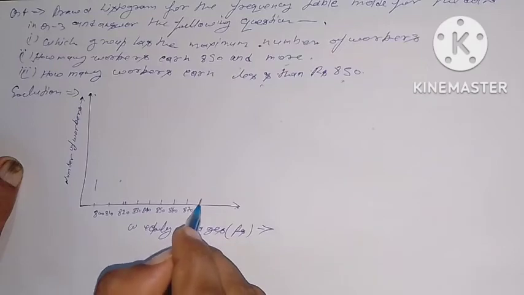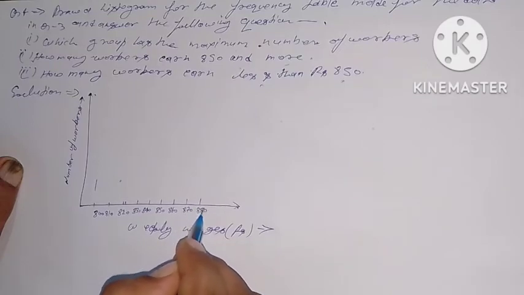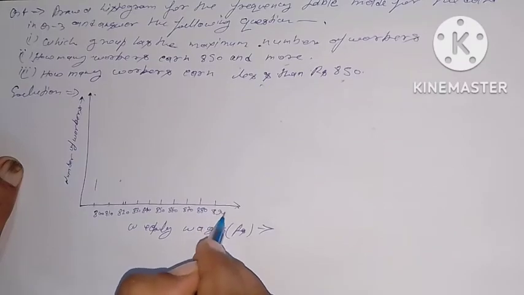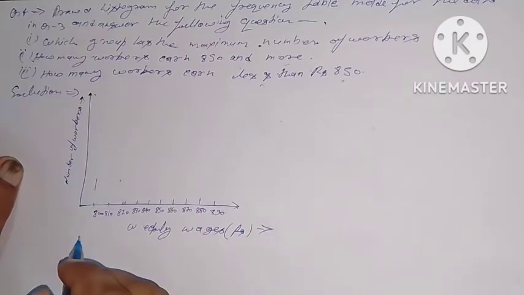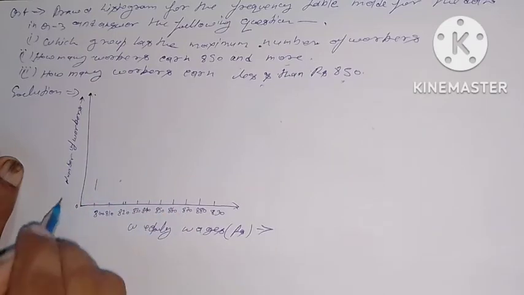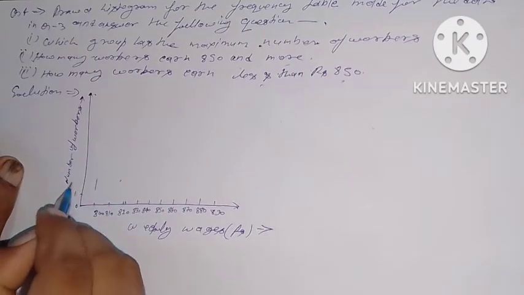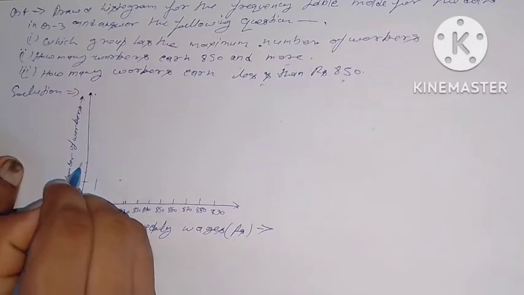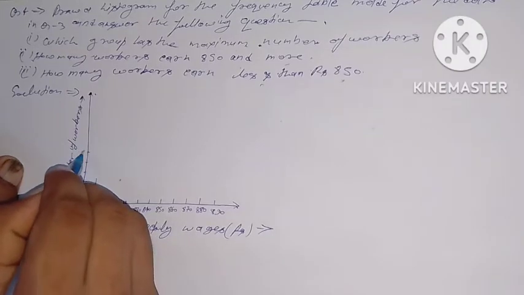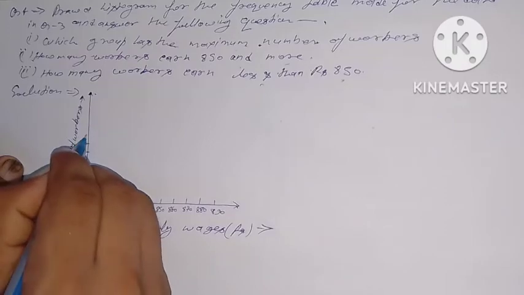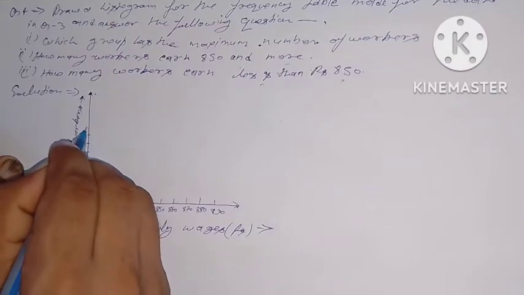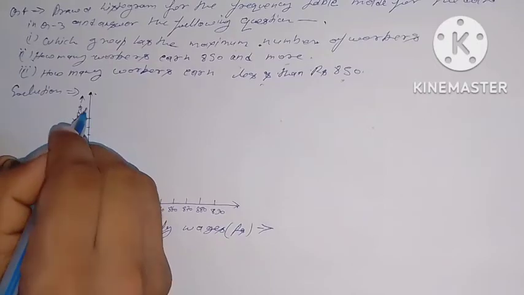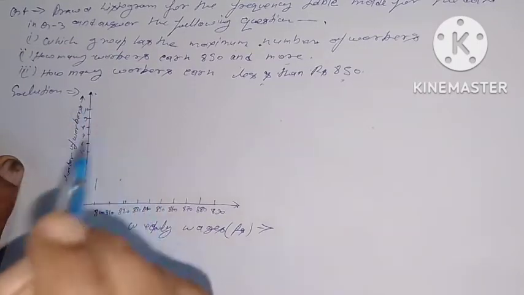Next is 870 to 880, and next is 880 to 890. The number of workers axis goes 0, 1, 2, 3, 4, 5, 6, 7, 8, 9, 10.